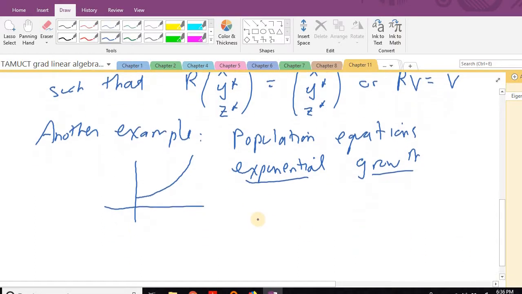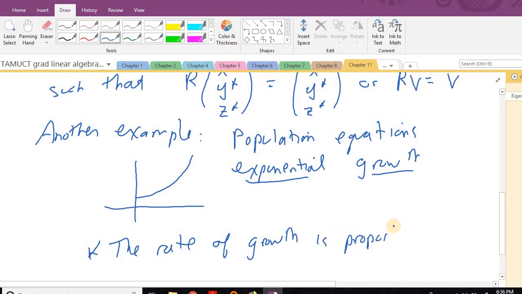So the defining equation is the rate of growth is proportional to the population. Right? The more people, the more kids.